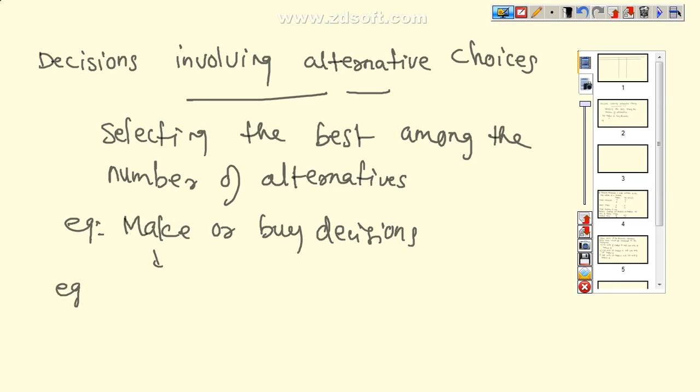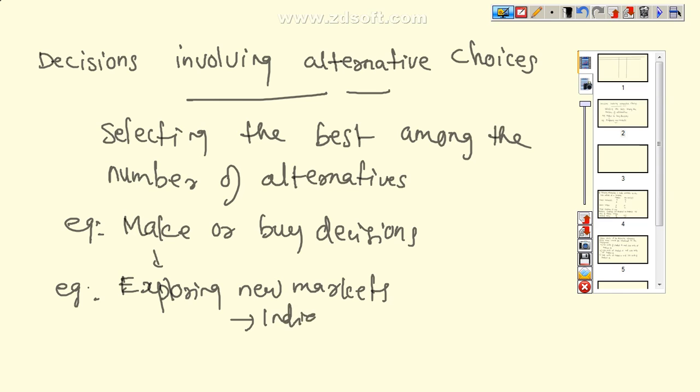Second example of decision making, exploring new market. Exploring new market means decisions regarding selling goods in a new market, whether Indian or foreign market.